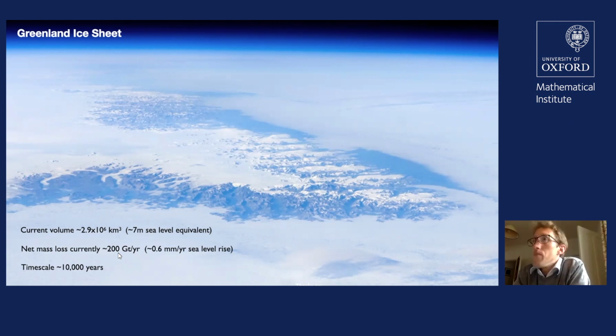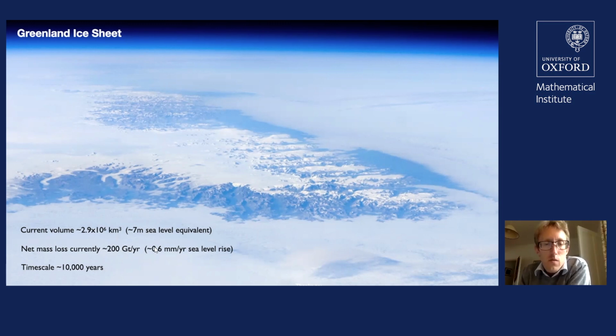So there's a lot more melting in Greenland. 200 gigatons per year, by the way, is around about the total amount of rainfall that the UK gets in a year. It's a bit more than that. If it kept melting at that rate, then it would all disappear in 10,000 years. So still, that's quite a long time.